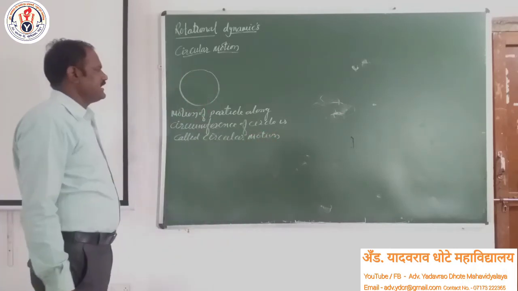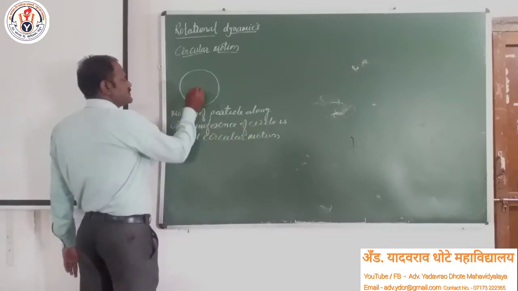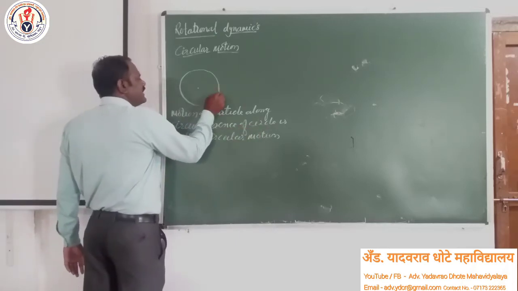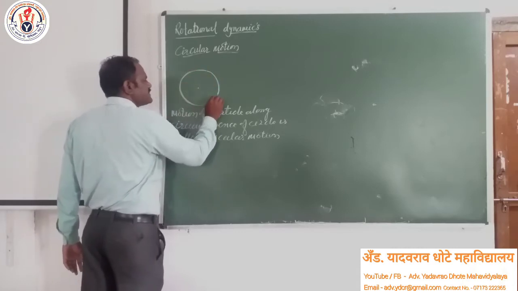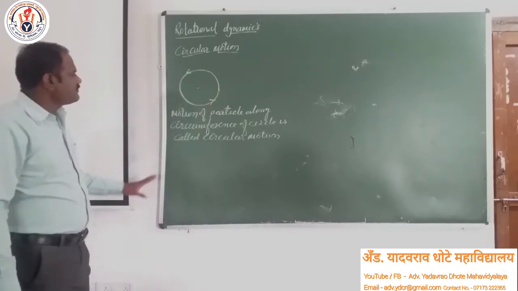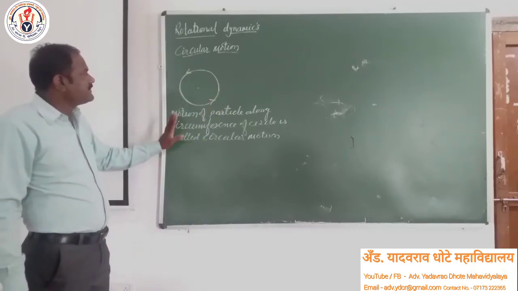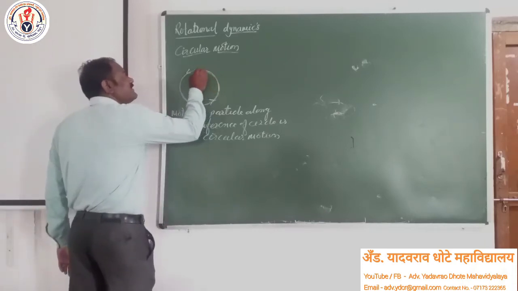The particle performs motion along the circumference of a circle, so it is called circular motion. It means the particle describing circular motion lies on the circumference.